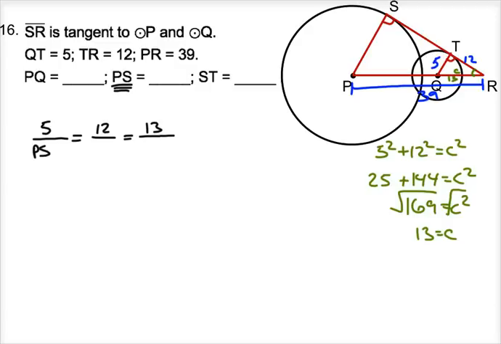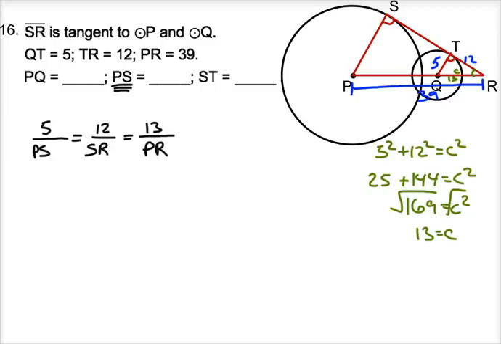The side that corresponds to 12 is going to be SR, which is not one of the pieces that I'm trying to find. And then the side that corresponds to 13 happens to be PR, which is not one of the pieces that I'm trying to find either.